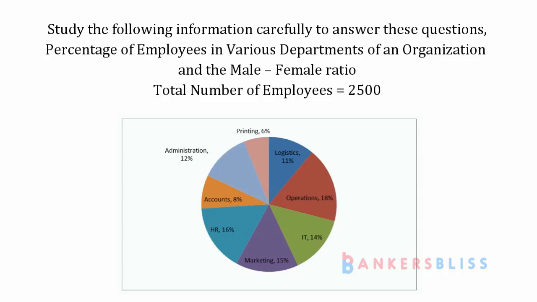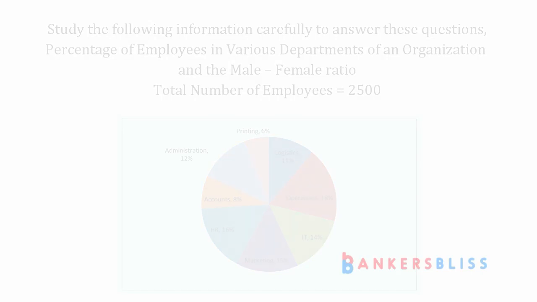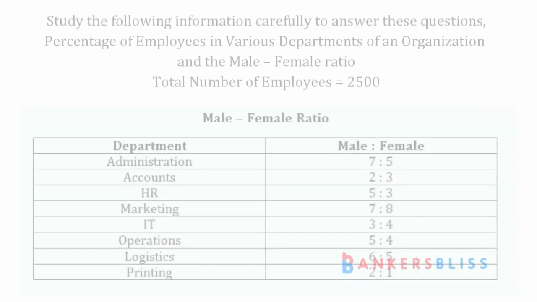Among 2500, 11% belongs to logistics, 18% to another department, 14% belongs to IT, 15% belongs to marketing, 16% belongs to HR, 8% belongs to accounts and 12% belongs to administration. So this is the data they have given.